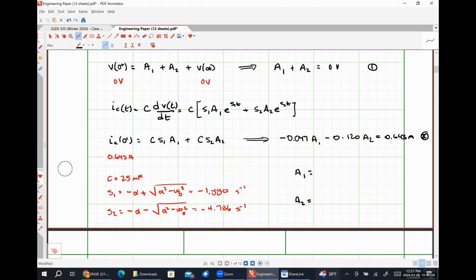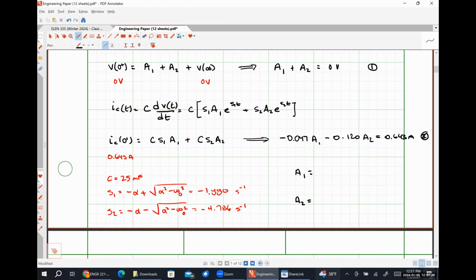So menu, equation solvers, simultaneous equations, two unknowns. My coefficient for A1 in my first equation is 1. My coefficient for A2 in my first equation is 1. My constant term is 0. My coefficient for A1 in my second equation is negative 0.047. My coefficient for A2 in my second equation is negative 0.120.